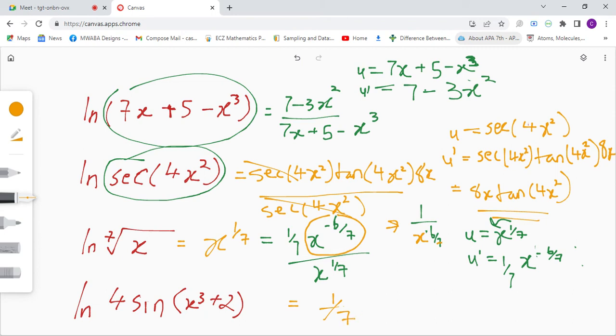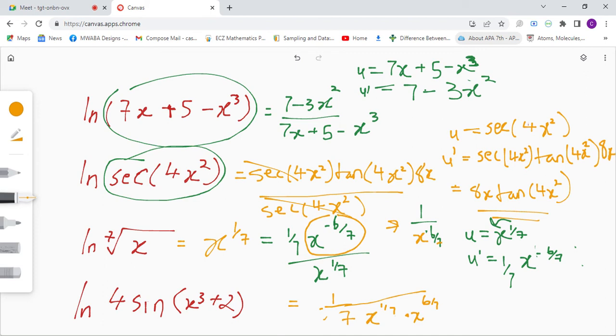Then in our denominator, we have x to the power 1 over 7 multiplied by x to the power 6 over 7.